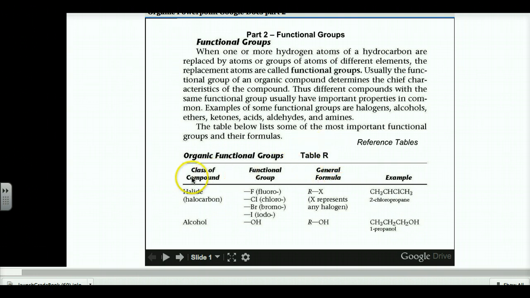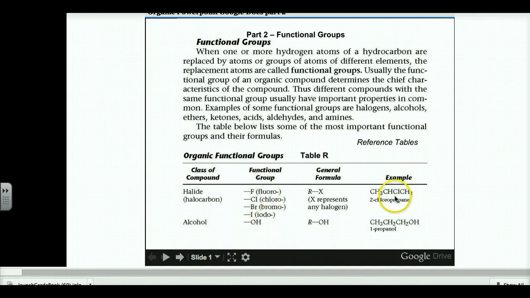Table R shows you the class of the compounds, the functional group, that's what's actually attaching to the hydrocarbon chain, and its general formula, in which R usually means the rest of an organic molecule, with what it's attaching, which is that X. The X in this case is the functional group.